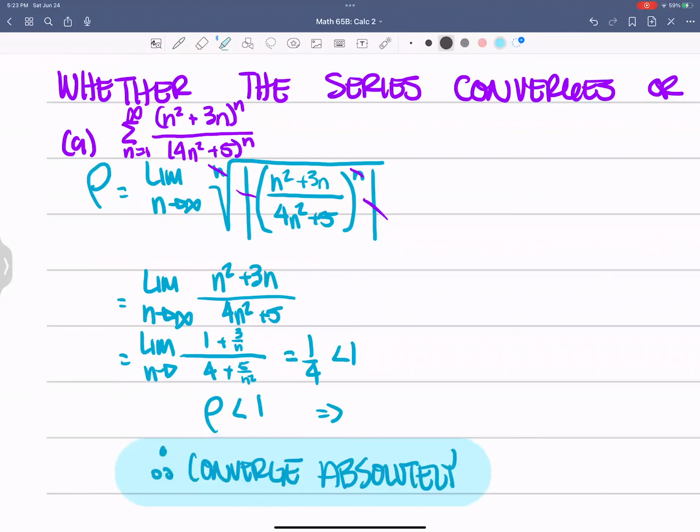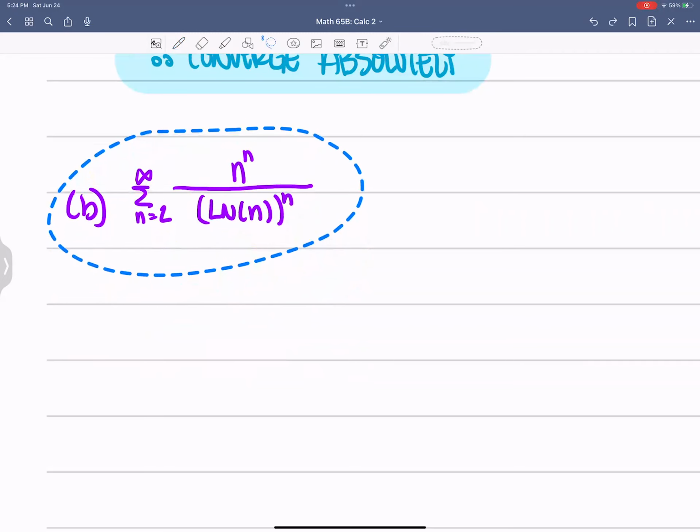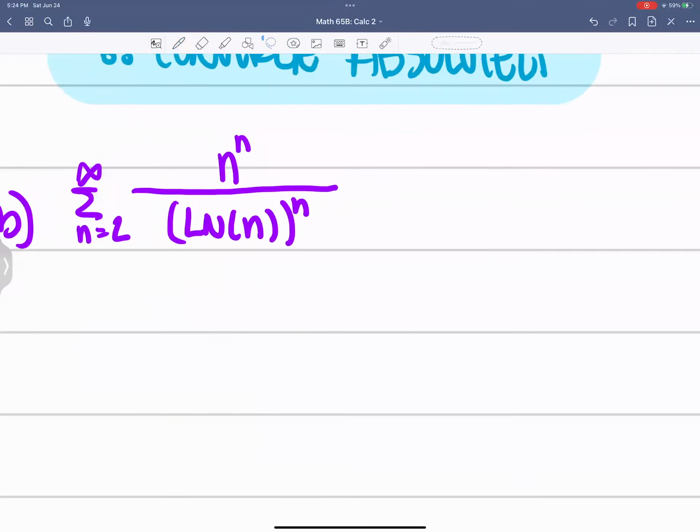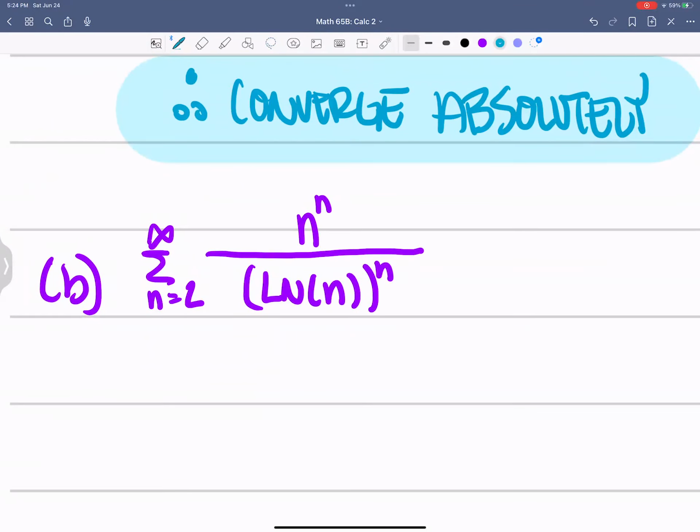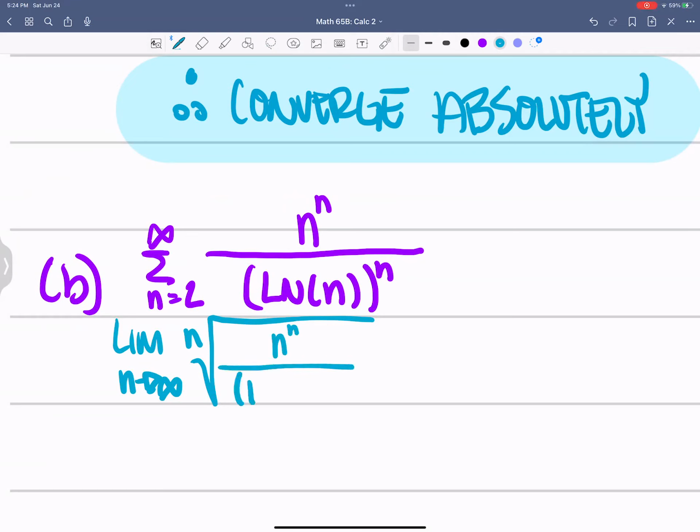Oh. Bring it up here. All right, so we're taking the limit as n approaches infinity of the nth root of n to the power n over natural log of n to the power n.